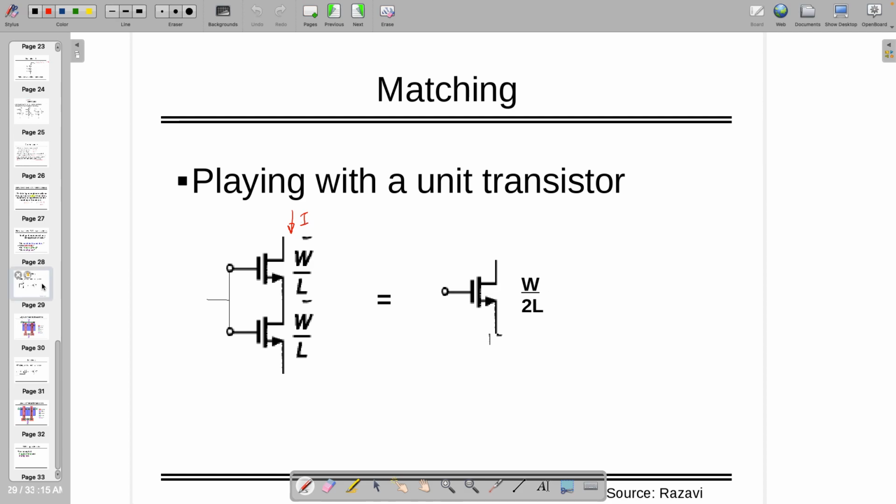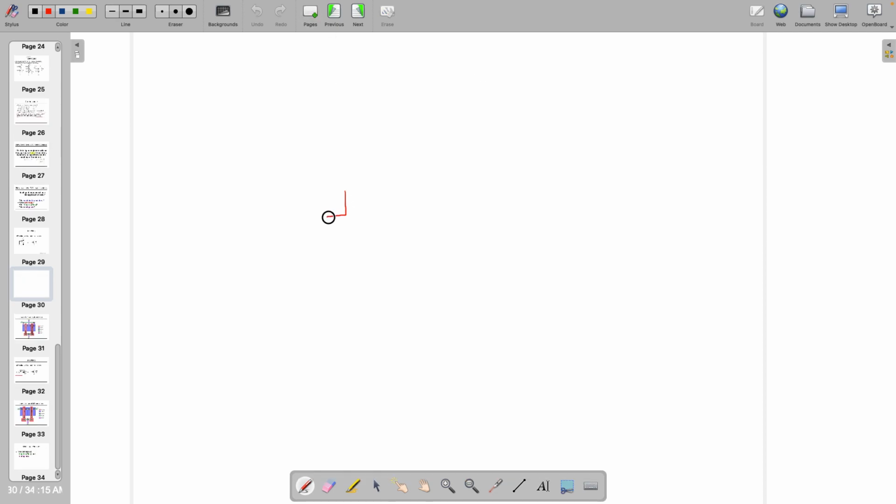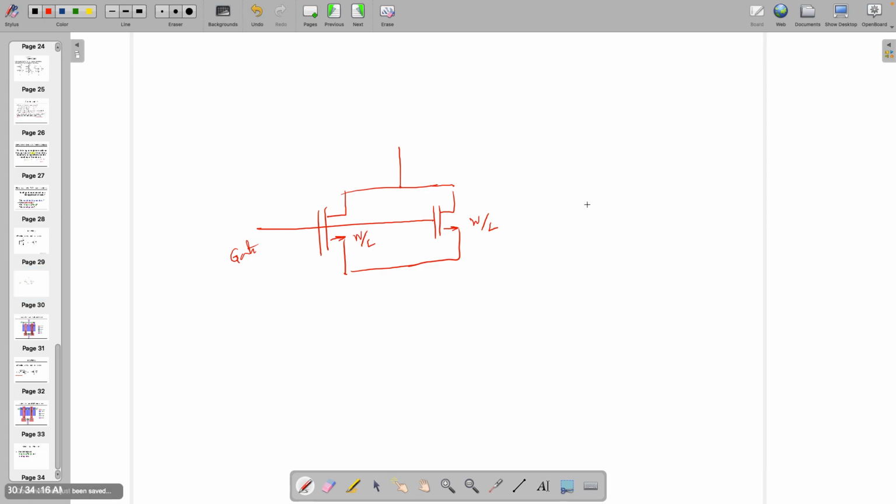Whereas if two transistors are in parallel, if both are W by L, this is going to give me 2 W by L, considering the current is getting divided, by the way.